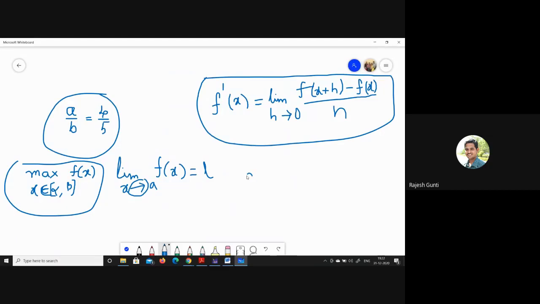I need it like this: f dash of x. We use f dash x, not f power 1 like this. Slash. Okay, whatever it may be, I will type.